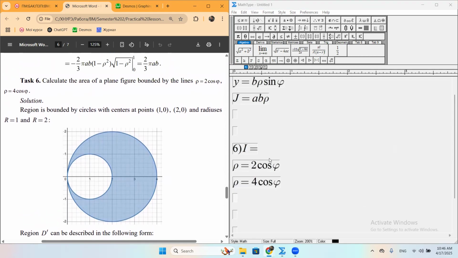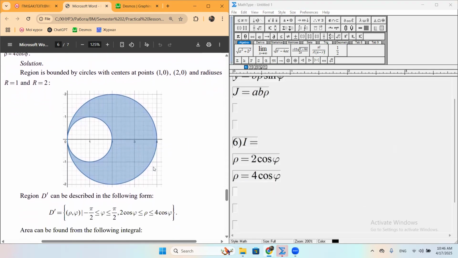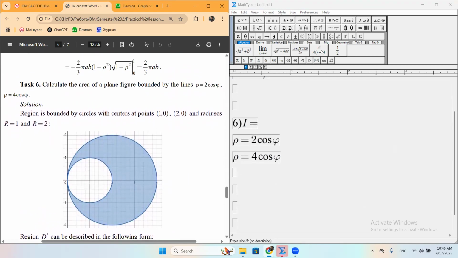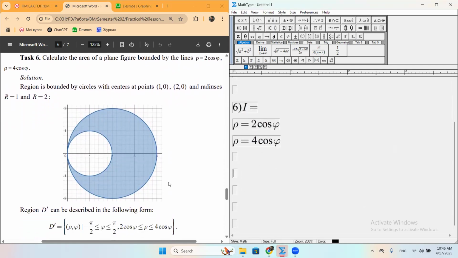So how can we describe the region of integration? Phi is between minus pi over 2 and pi over 2, and rho just between these values.